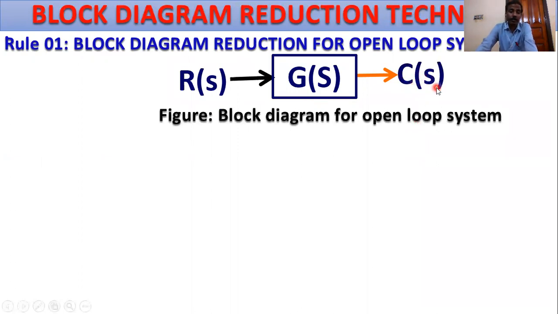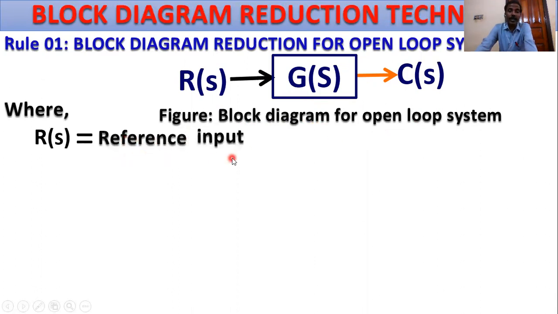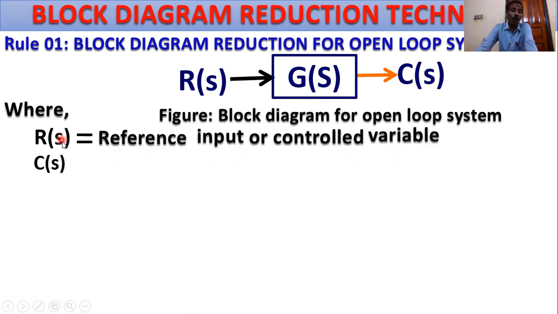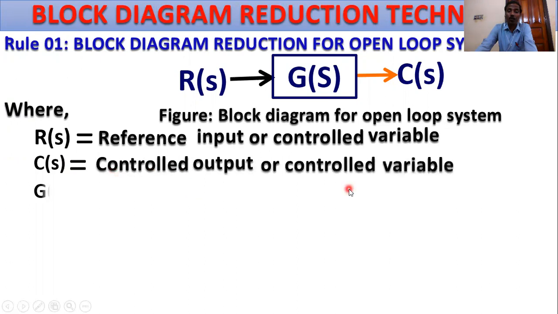Next, this is the block diagram for open loop systems, where R of S equals the reference input or controlled variable, also called the cause or excitation of the system. C of S is called the controlled output or controlled variable.